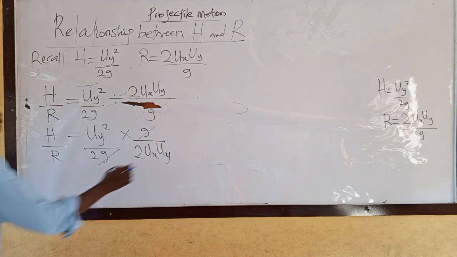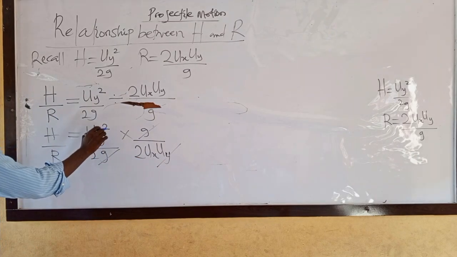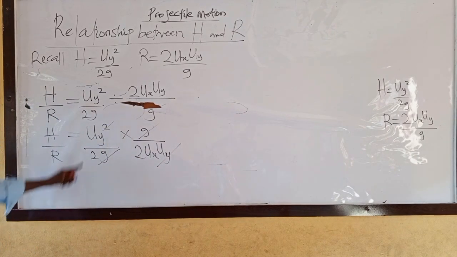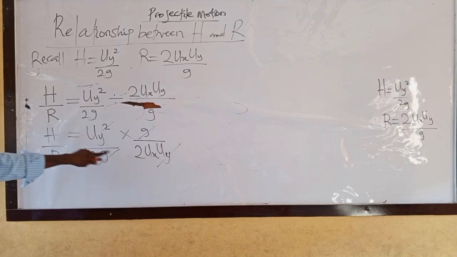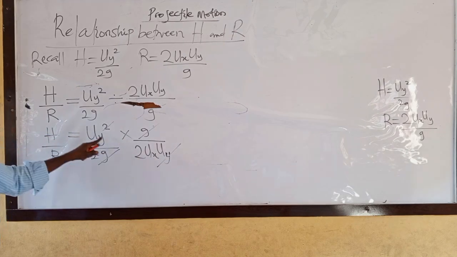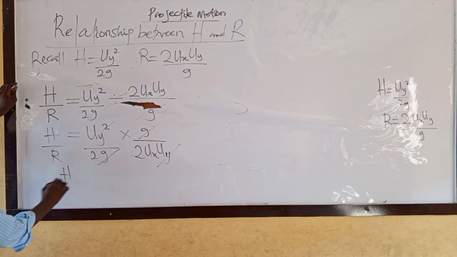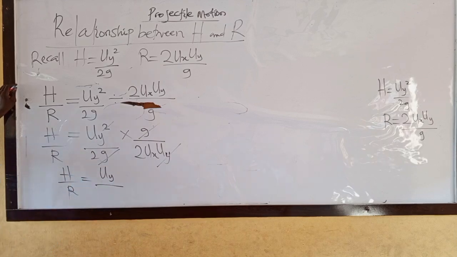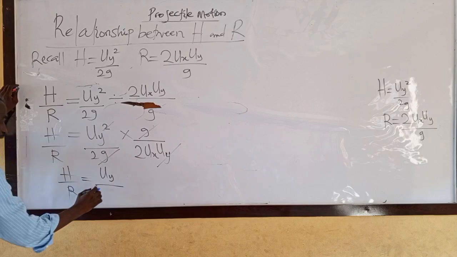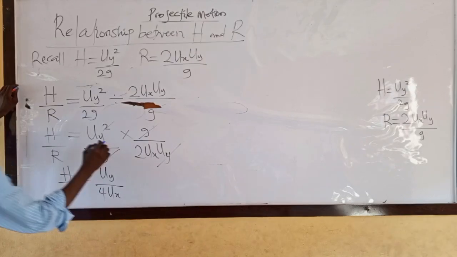So what happened? One Uy we cancel. One Uy, rather, cancel here. We left ordinary Uy. This is Uy times Uy. I have Uy down here. So one Uy we cancel. So this is where it becomes H over R is equal to ordinary Uy left here, all over 2 times 2, I have 4, then the ordinary Ux left here.